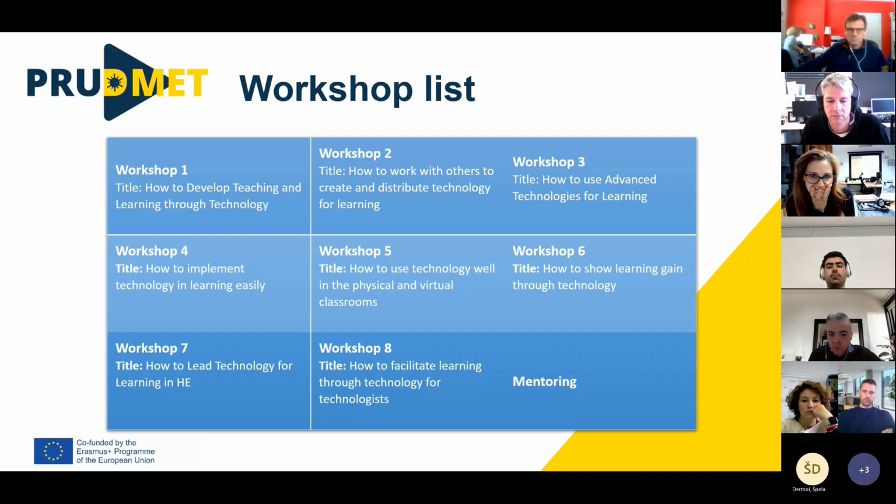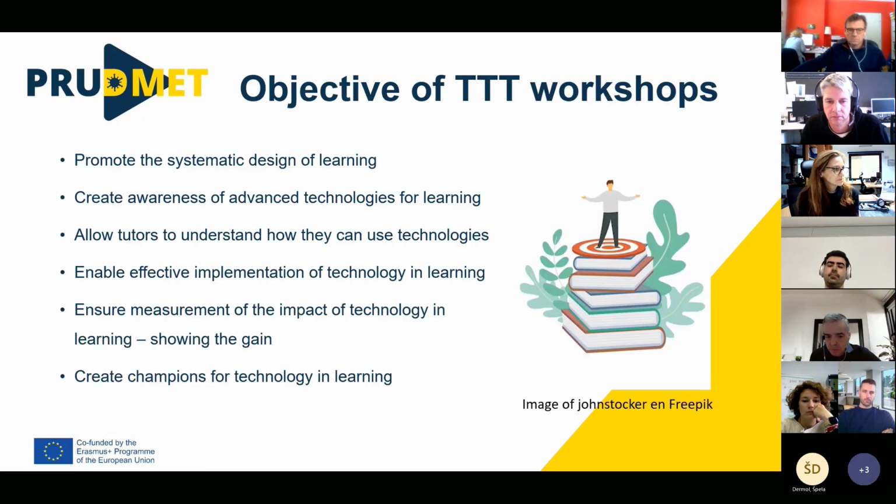These are the 8 workshops, but we have also implemented a process of mentoring that will help us to achieve the objectives of the different workshops. One important point in this first section is explaining what the objectives of the TTT workshops are.